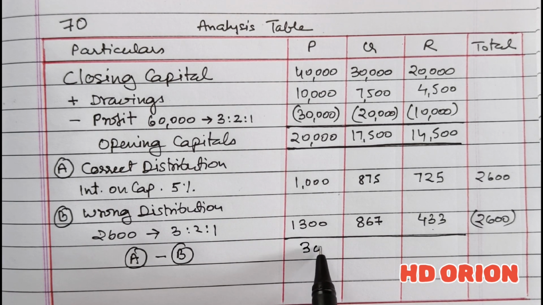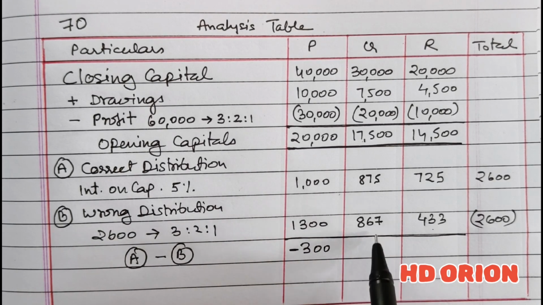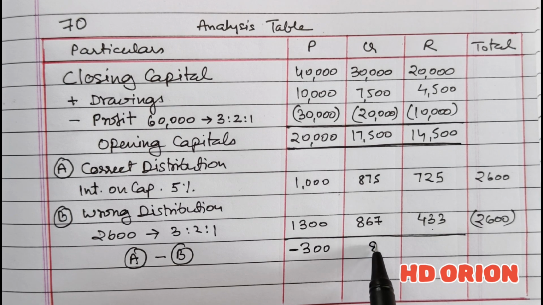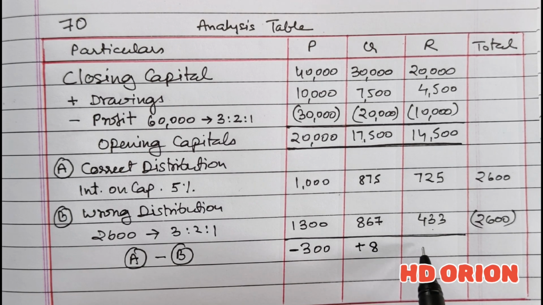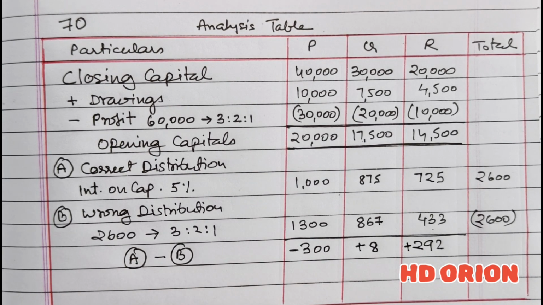So 300 rupees we have to take out from P. So it is a minus figure because B is more than A. Here rupees 8, it is a positive figure, and here when you subtract it, you get rupees 292. It is also a positive figure.